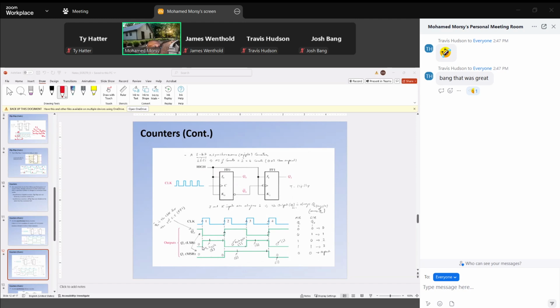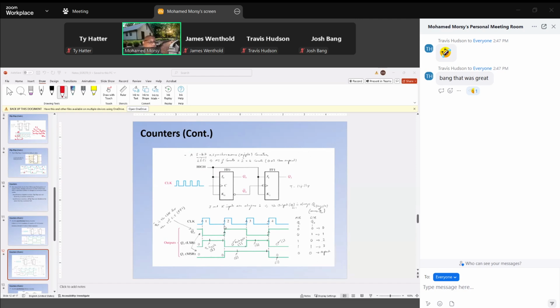The previous output is 0, so the new one is inverted to 1. And between the edges, there is no change, so 1 continues until we reach the next edge of the clock pulse, CLK.